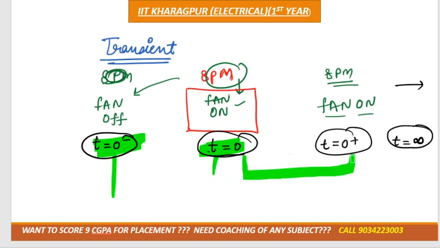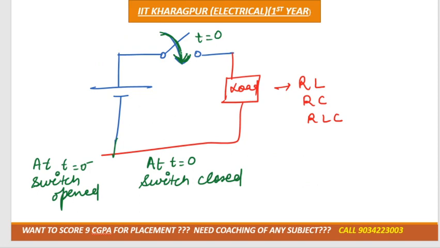At t equal to 0 plus and t equal to infinity, the condition is the same. Okay, so at t equal to 0, the switch closing means current will flow, right? Connection will be made. At t equal to 0 minus, switch was opened, that means before that, current will not flow. Correct?